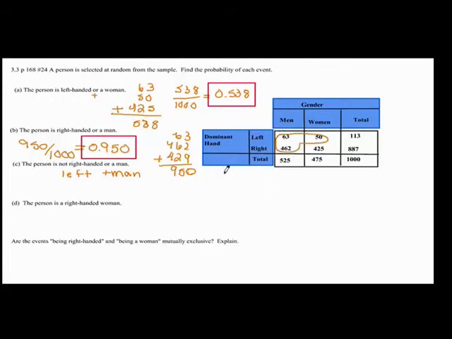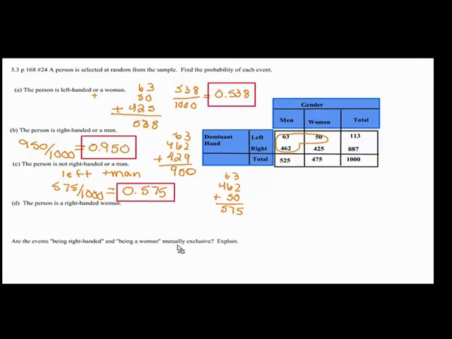So we're going to add together the 63, 462, and the 50 for part C. And so that'll give us 575, and 575 divided by 1,000 in the form of a decimal will give us 0.575. And if they want a fraction, just make sure that you reduce it.